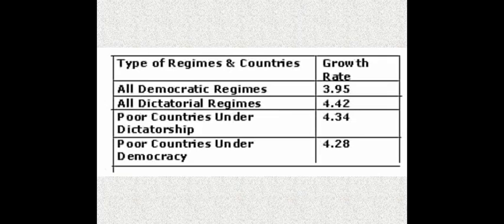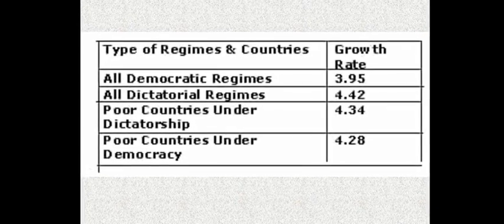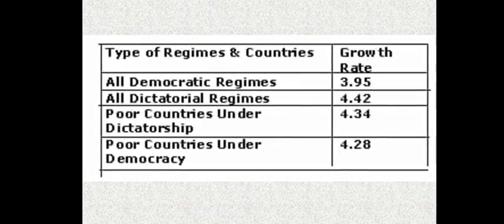Through the table, children, the economic growth of the country will be clear to you. This table shows that on average, dictatorial regimes have had a slightly better record of economic growth. When we compare the economic growth record only in poor countries, there is nearly no difference.